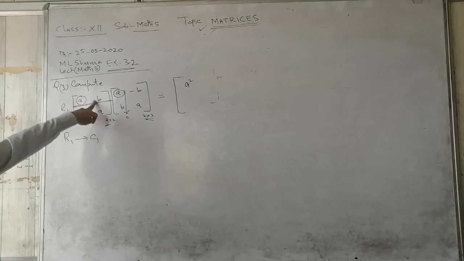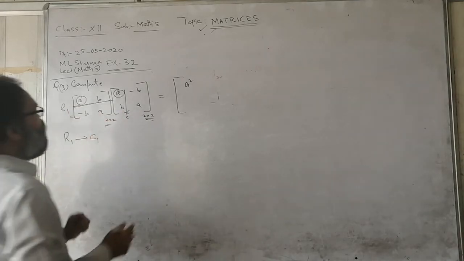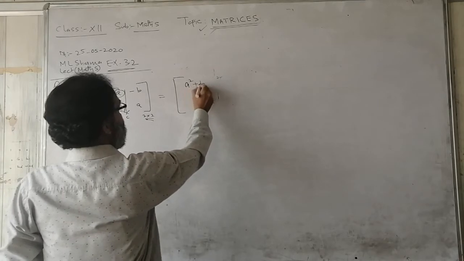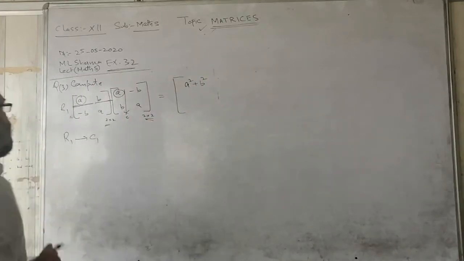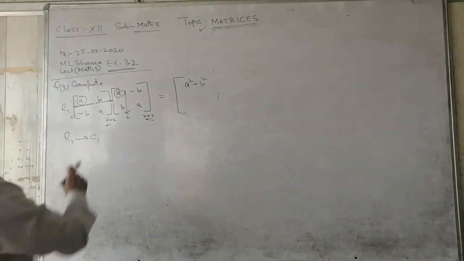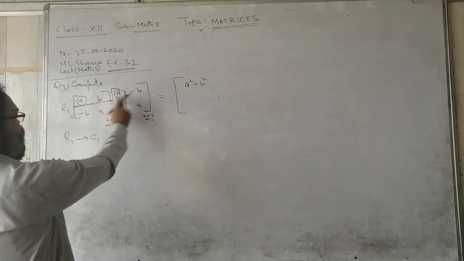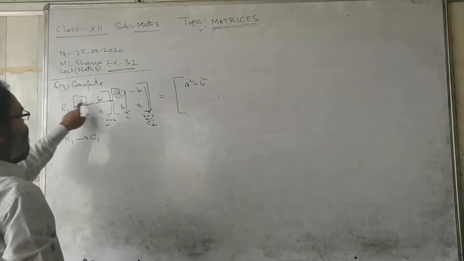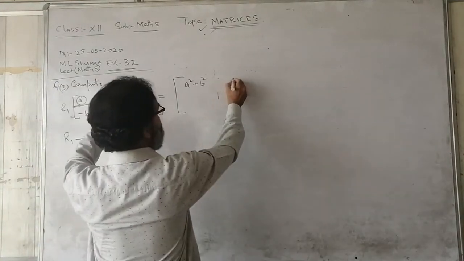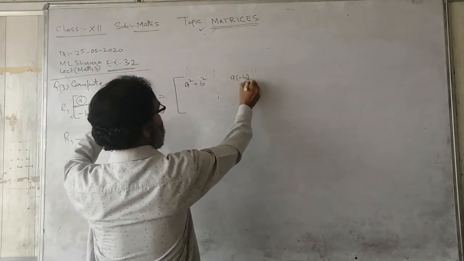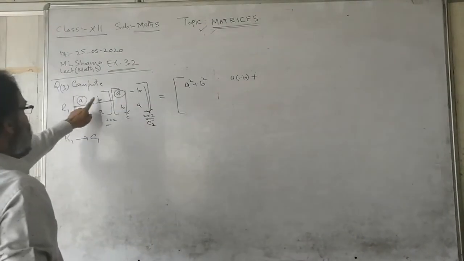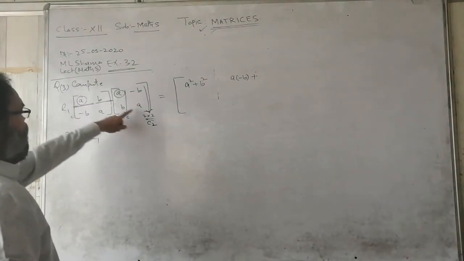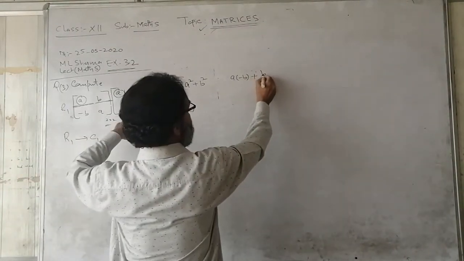Then this element on R1, B into B, plus B square. Then the same row and column second I will have to take. So A into minus B plus B multiplied by A. So it will be BA.